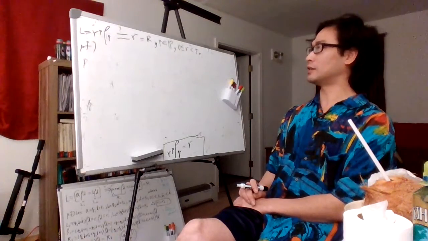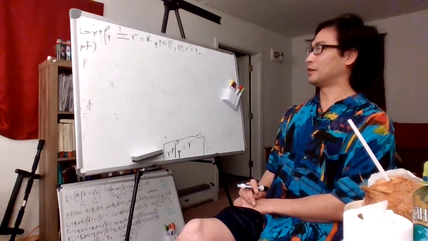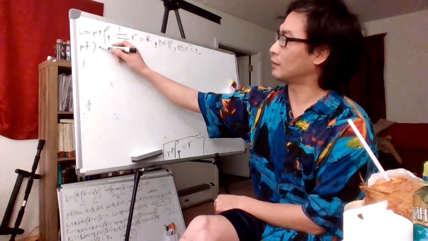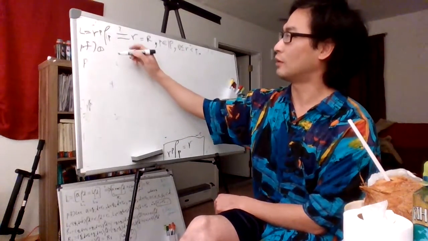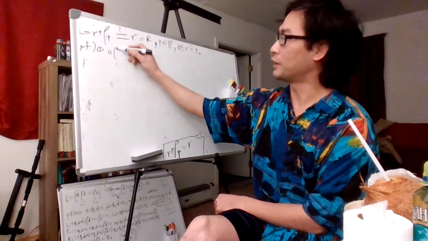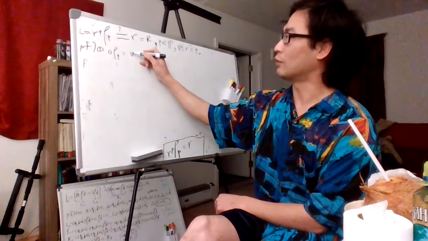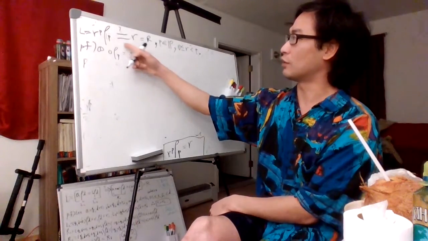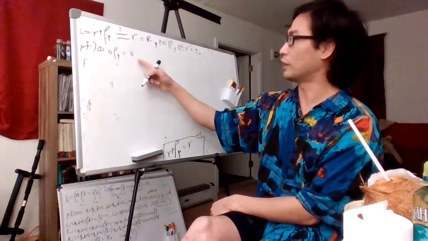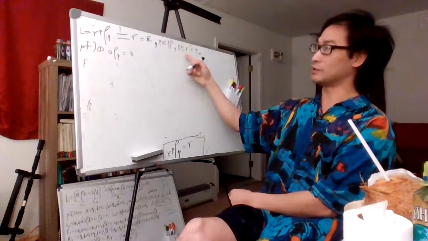The first case: we're doing mathematical induction, so first case when r is zero, of course, zero mod p is equal to zero. So this conjecture holds true for the very first case when r is equal to zero.